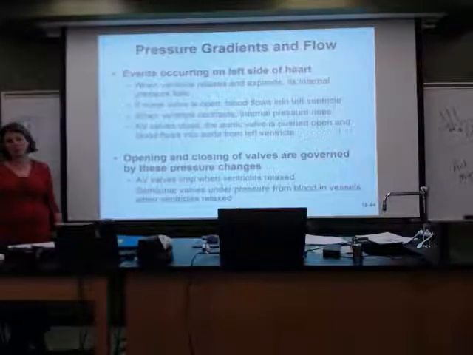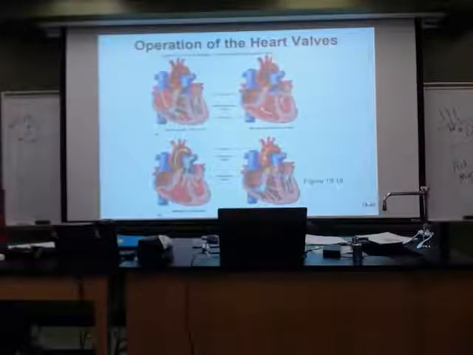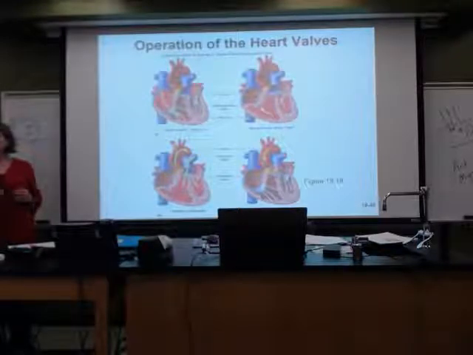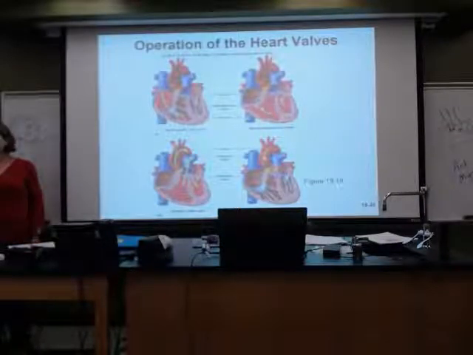All right, it's pretty much all I want you to know. Pressure's low when it fills, goes up, valves have to close, boom. Just like what we saw in a little video.